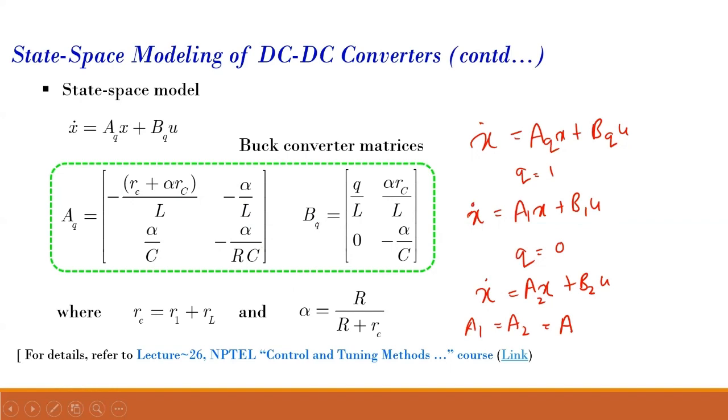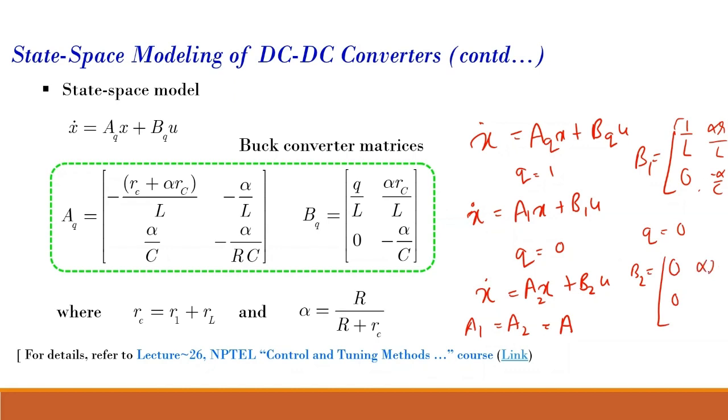But in my B matrix, there is this term Q present. So it will change. When Q equal to 1, my B1 will be 1 by L, 0, alpha RC upon L, minus alpha upon C. But when Q equal to 0, B2 will be equal to 0, 0, alpha RC upon L, minus alpha upon C.